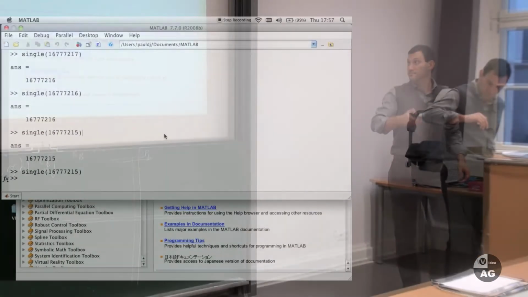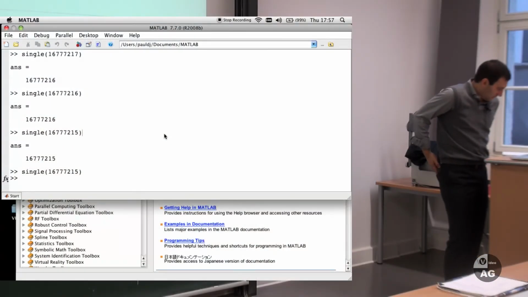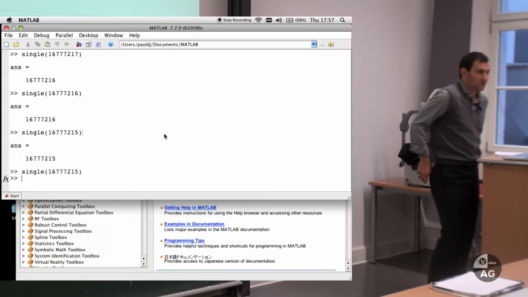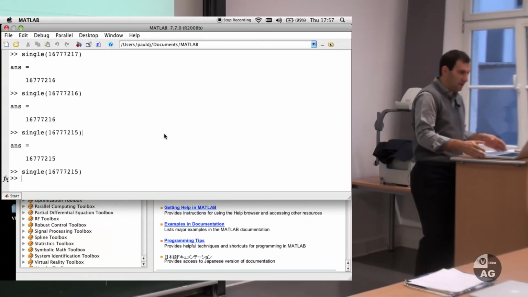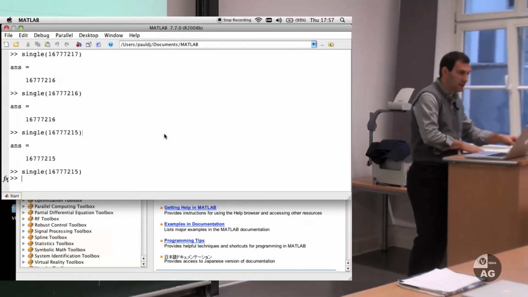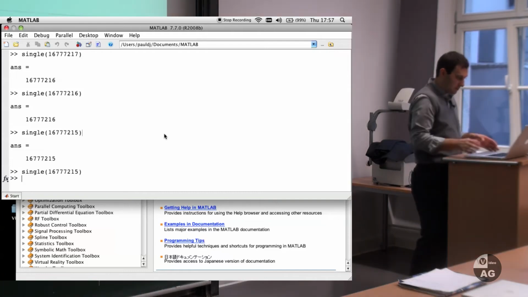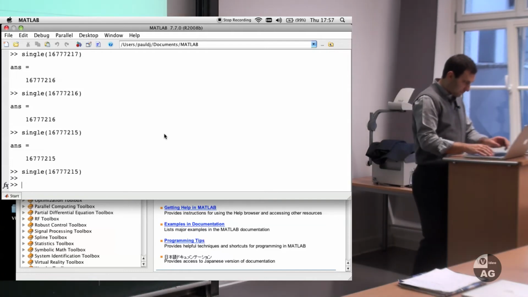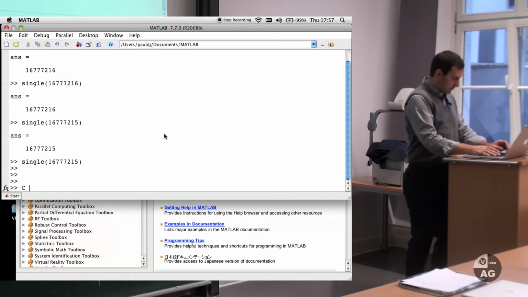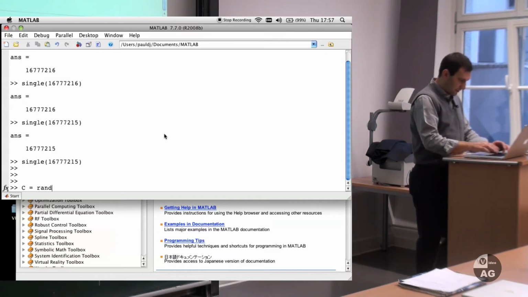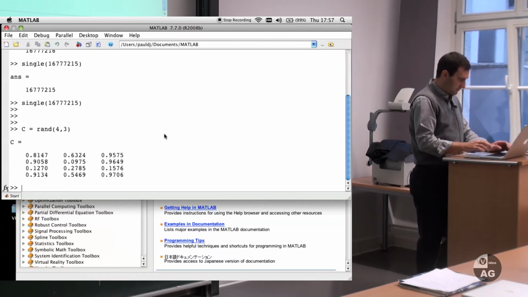Matlab. So last week, 2 of the examples I tried failed miserably. I don't know why. So I tried them back at home, and they worked. So now we're going to try them again. Let's say that C is a random 4x3 matrix.